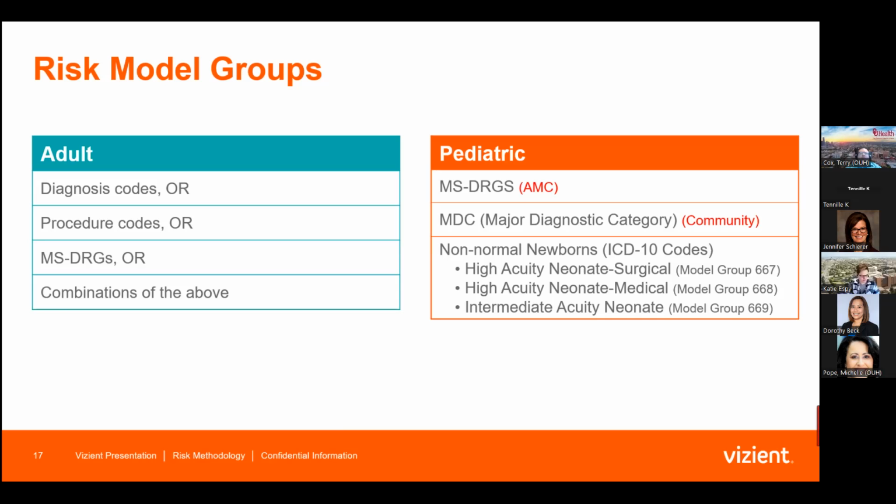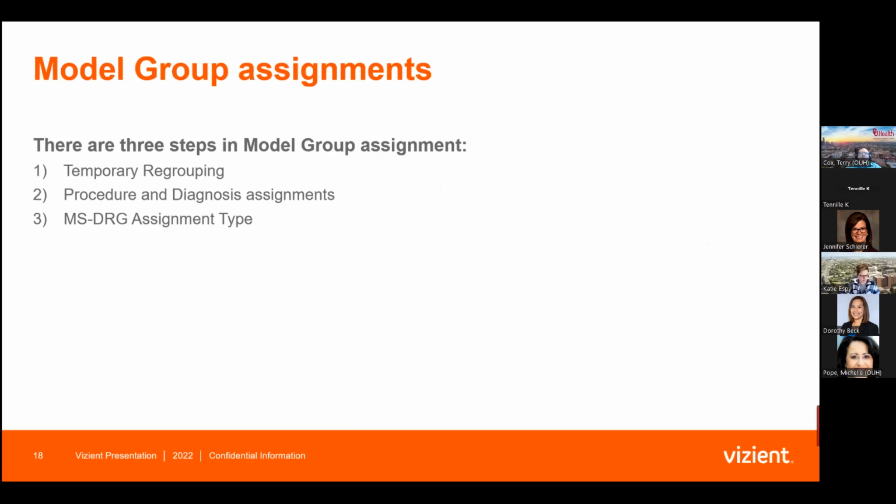Most of the model groups are primarily grouped by base MSDRGs. Remember, we strive to provide clinically homogeneous groupings, and we have limited data because we only have your administrative billing records, so our answer to clinically cohesive groupings is MSDRGs. Again, your coding and CDI can speak to that as well.